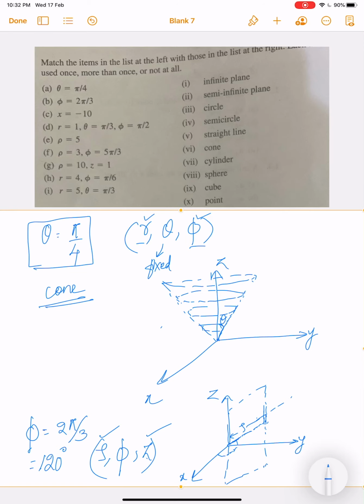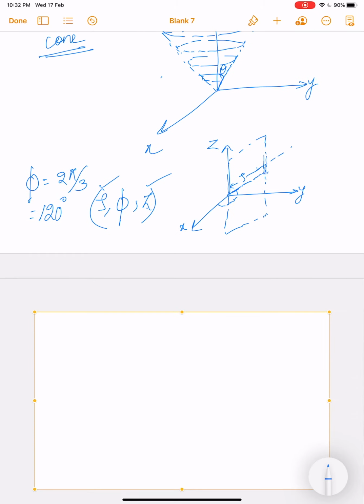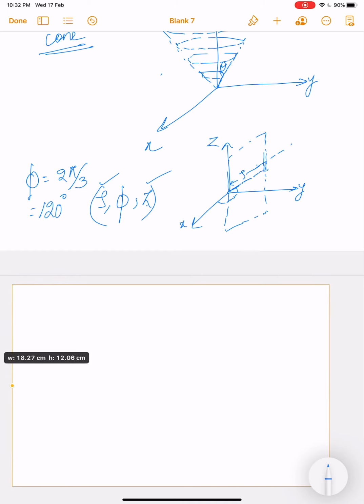If it's not clear, then let me draw another picture where it will be pretty clear to you all. Take it like this: z, y, and this way x. Suppose I use a fixed phi in this range itself so that you can understand.